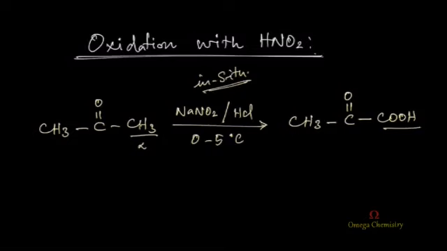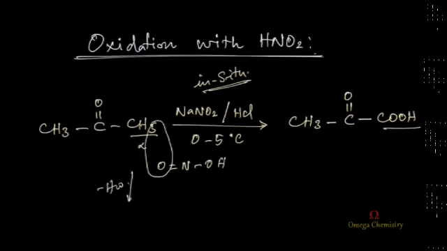And nitrous acid is O double bond N-OH. This is the formula of nitrous acid. So when it reacts, 2 hydrogen atoms from this alpha position will go, and a water molecule will be eliminated, and we will get an oxime, right?